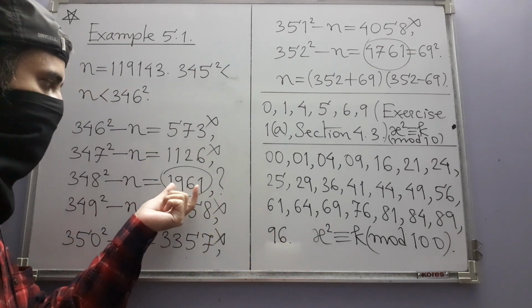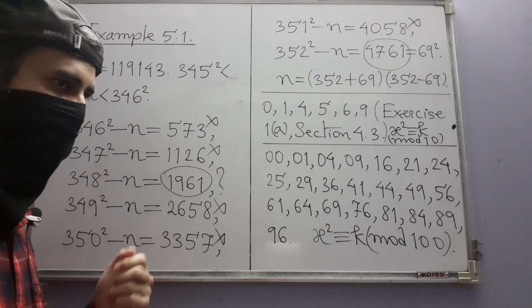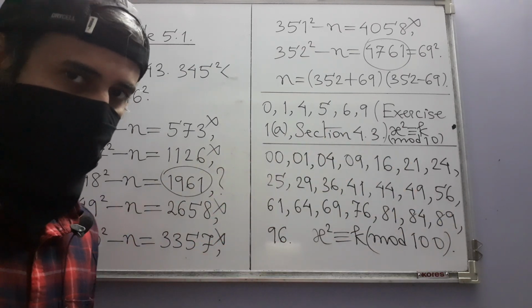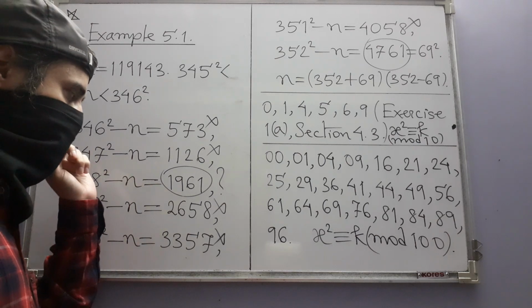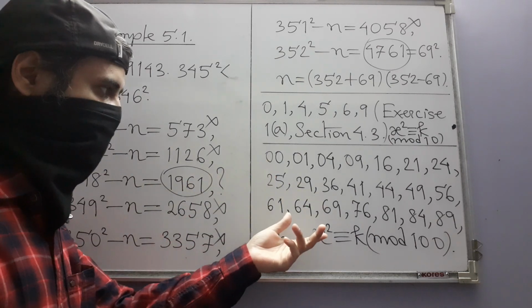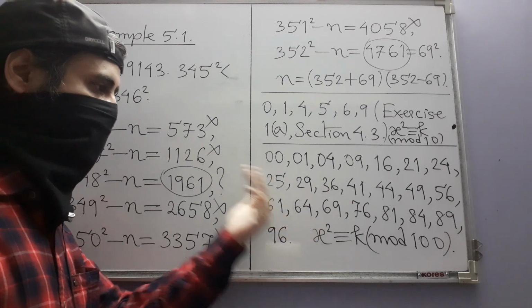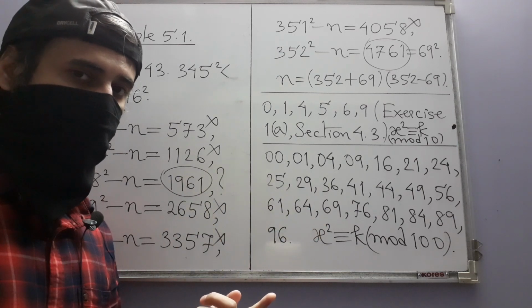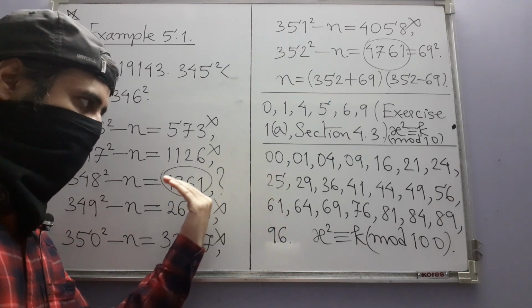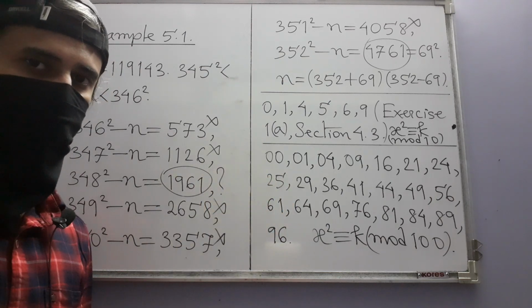See if that square is less than this. That way you go nearer and nearer to the number. But if your first chosen number has a square that is greater than this, then you subtract 1 from that number and take the square of that. So that way you come again close to the given number.